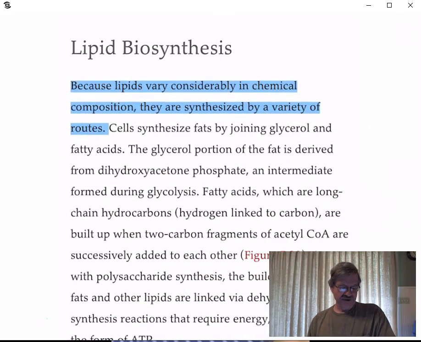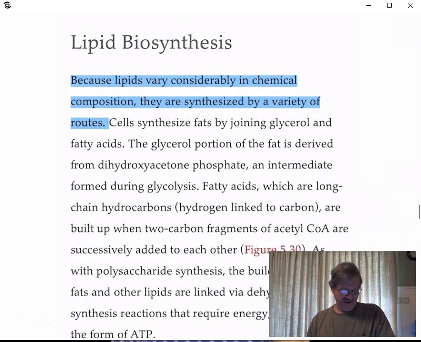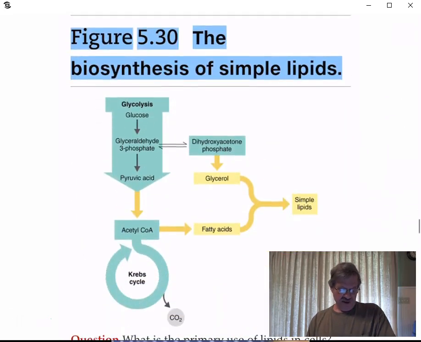Lipid biosynthesis. One of the things that they point out is that there's a lot of variation in lipids, so they're synthesized by a variety of routes. And right here, biosynthesis of lipids. From the middle of glycolysis there, glyceraldehyde phosphate, we're going to make glycerol.